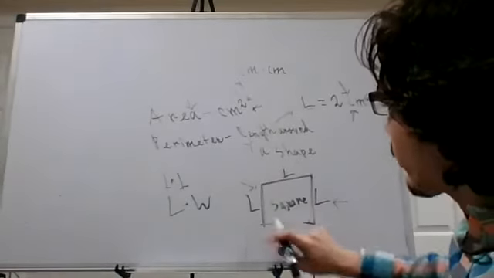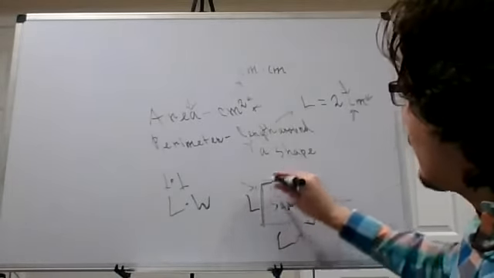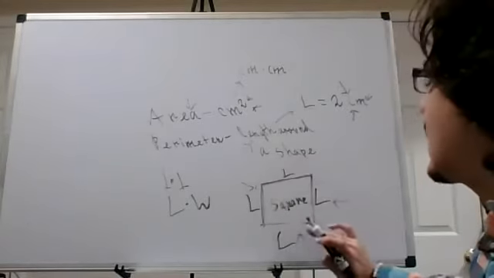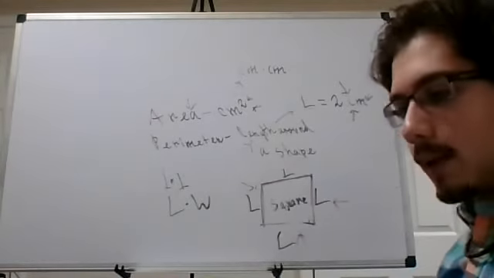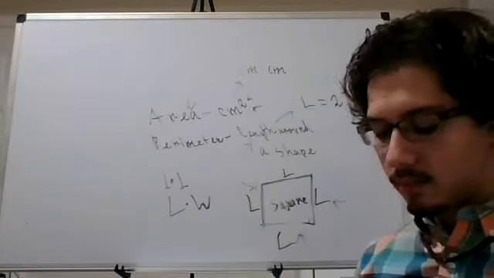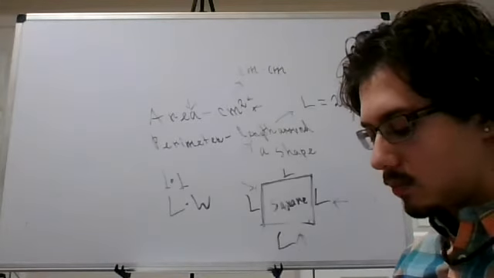That means the perimeter must be the length of the whole way around the shape. So it's all four of these sides. Any questions? No, sir.